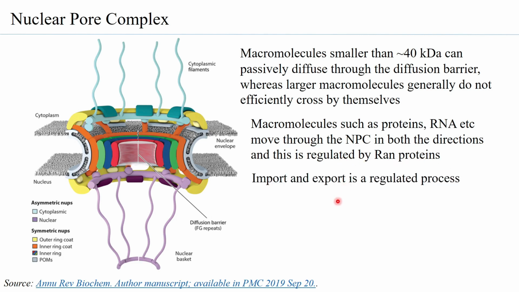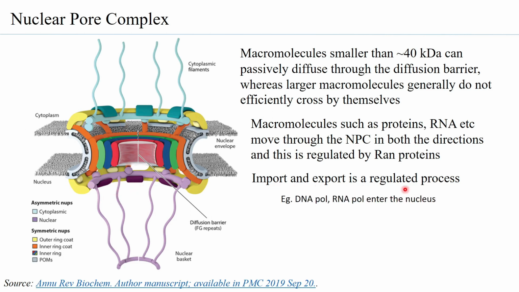So effectively, what we understand is that import, that means something that is taken in by the nucleus, and export, something that is pushed out from the nucleus, is a regulated process. There is a traffic across the nuclear membrane, and that traffic is regulated, which is very clearly understood, and the nuclear pore complex has a major role to play in that.